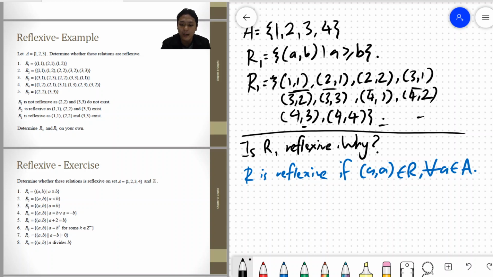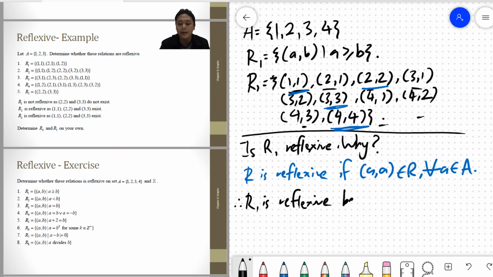Because it contains (1, 1) here, (2, 2), (3, 3), (4, 4). We already have our argument. R is reflexive. Indeed, R1.